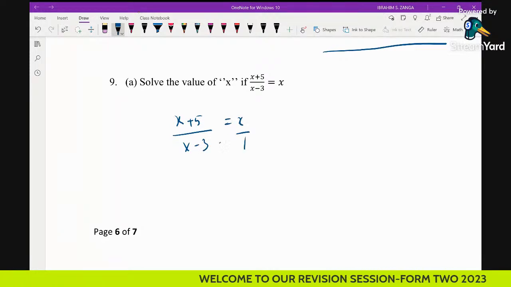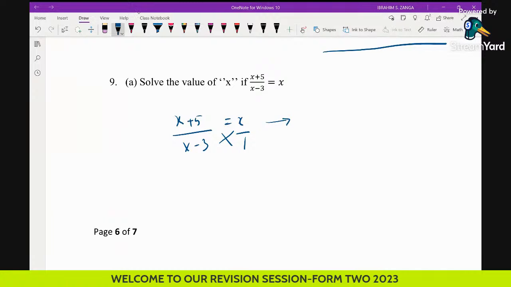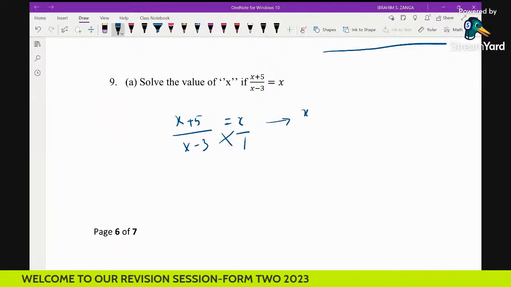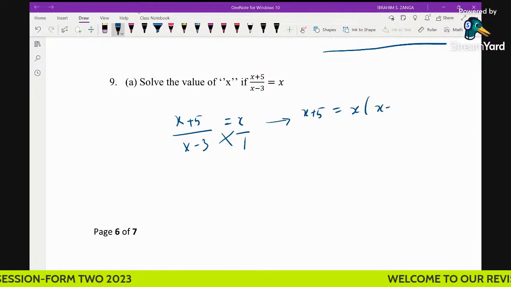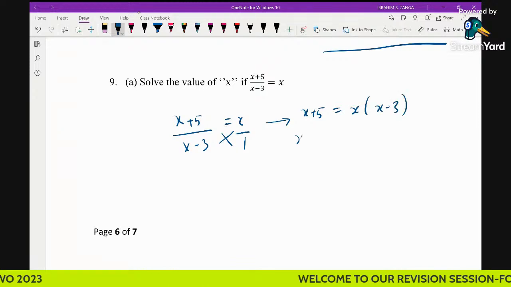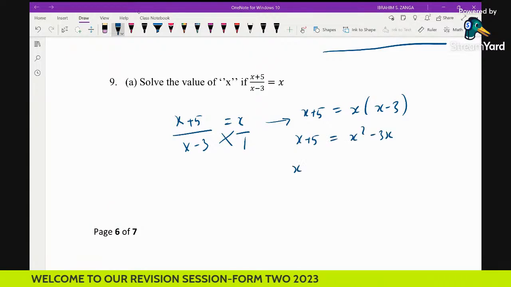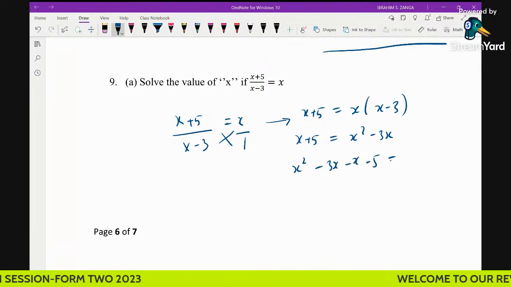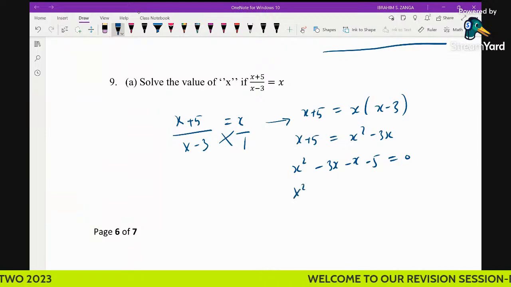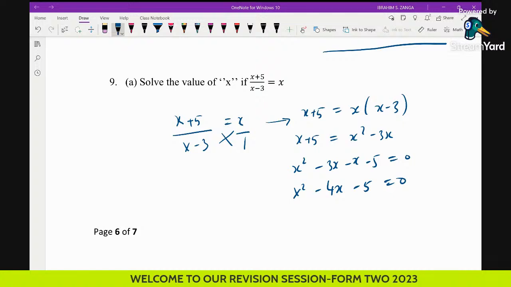So you cross multiply, eventually you have x plus 5 equals x squared minus 3x. So x squared minus 3x minus x minus 5 equals 0. x squared minus 4x minus 5 equals 0.